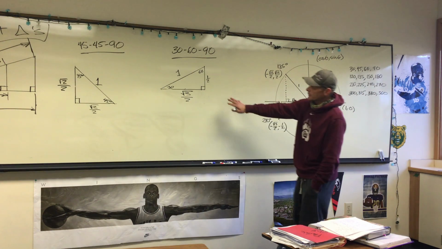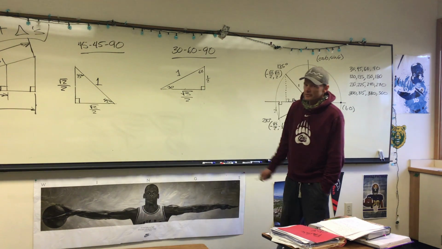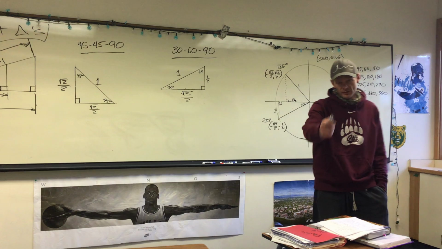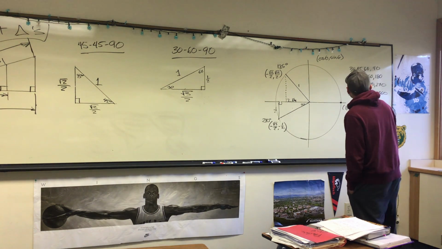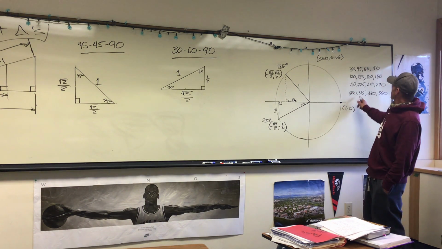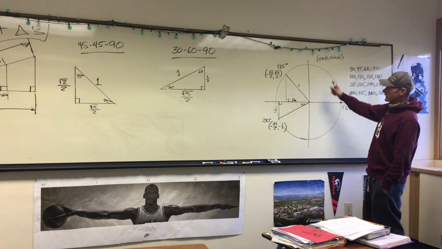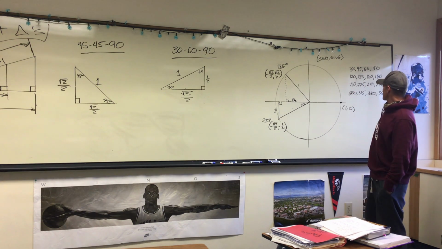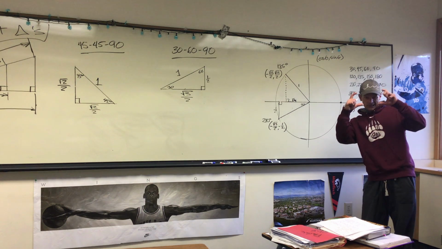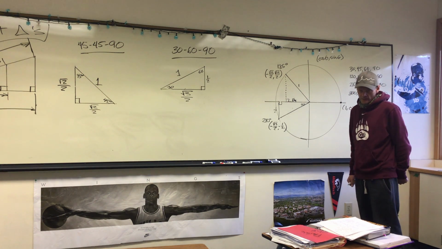If it's helpful, you can make little triangles. Remember we had special right triangles when we sang the campfire song? You remember, I know you do. So get this unit circle populated with all the coordinates using the special right triangles, and take a picture of it and give it to me.